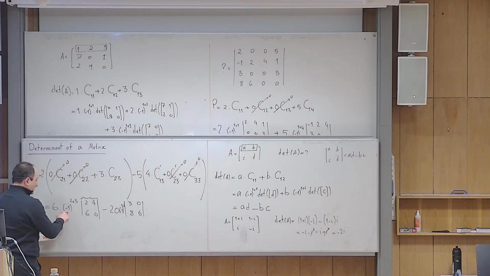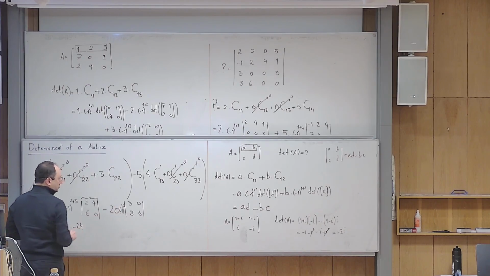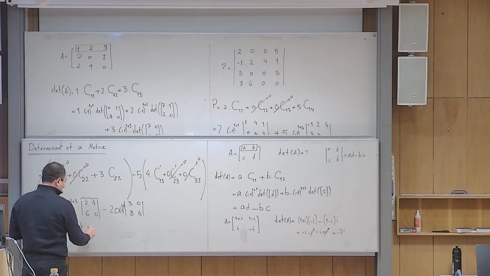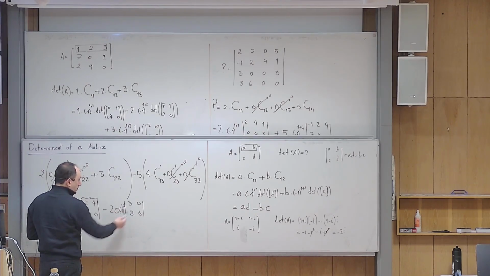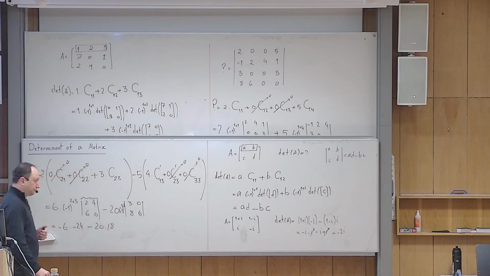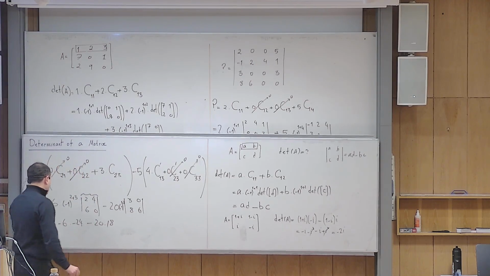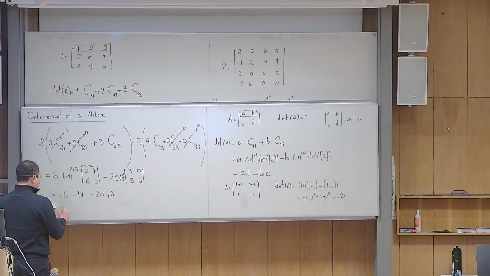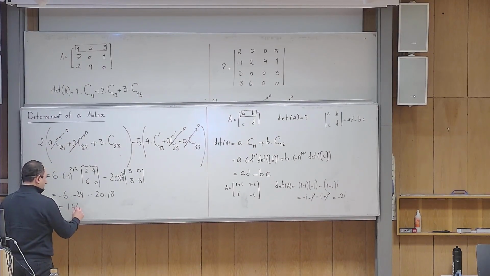So this is minus 1 times that, that's minus 6, and then this is 2 times 0, 0, and then minus 24. And then this is minus 1 to the power 4, which is positive. I have a minus 20 here. And then if I do this in my head, it is 18 minus 0. So that is just 18. Okay, and then if I calculate this, this is 144.